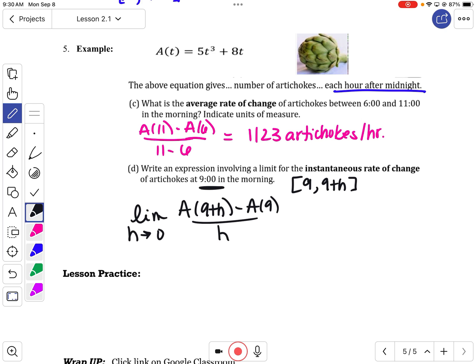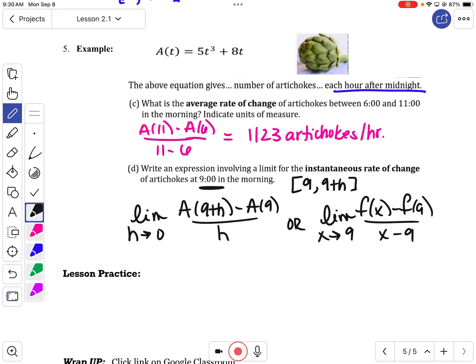Anybody try using the alternate definition, or definition 2? We could do the limit as x approaches 9 of f of x minus f of 9 over x minus 9. That would work as well. So both definitions would work. Remember, x would be that far point. We want it to get close to 9.